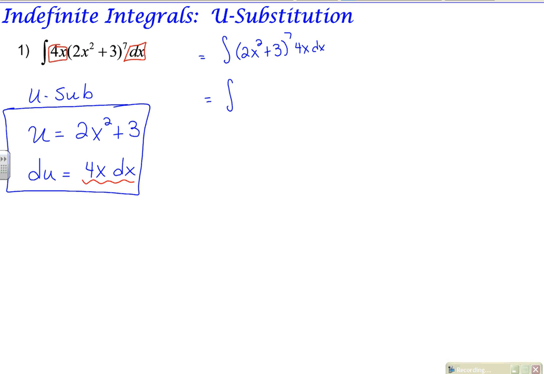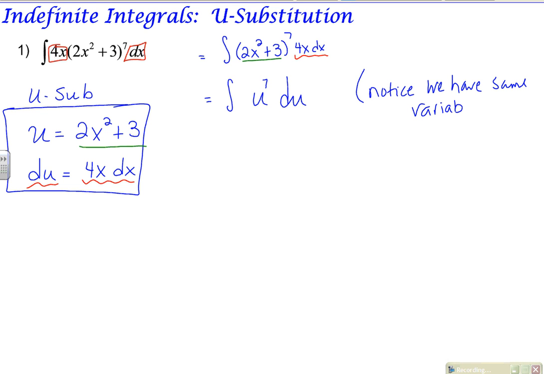Next up, let's integrate. This 2x squared plus 3 is really what I'm assigning to be my u. So this will be u raised to the 7th. And now the 4x dx is the same thing as du. Over here, notice we have the same variables, and you must have that in order to keep integrating.